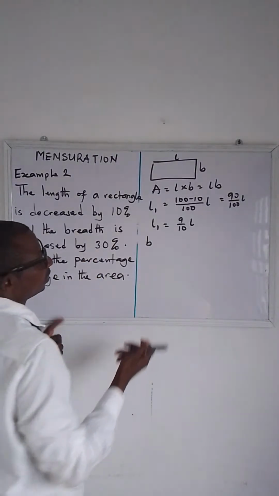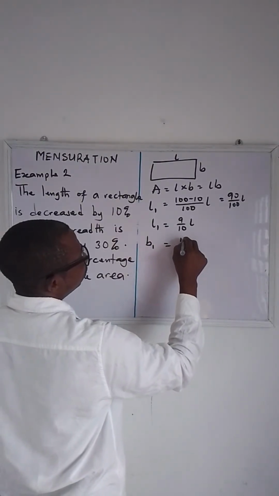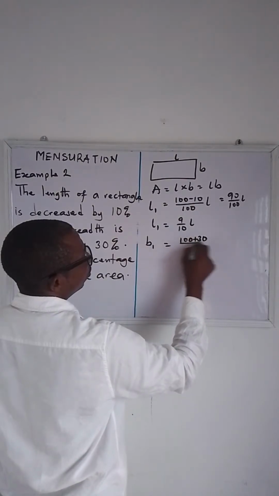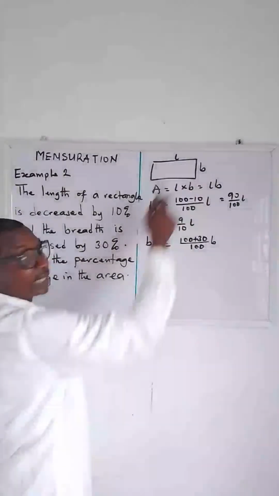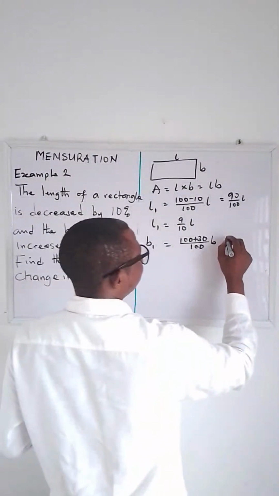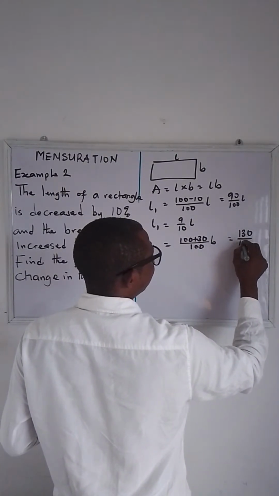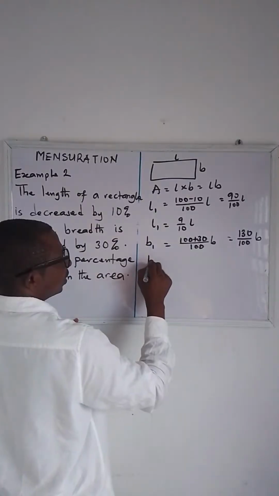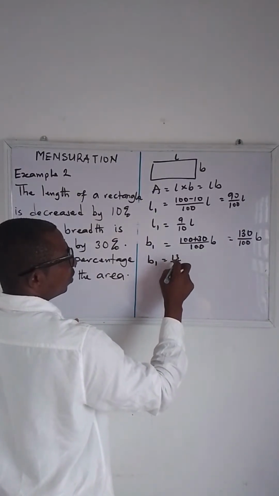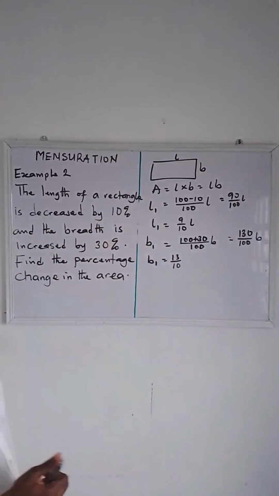So B1 will be equal to 100 plus 30 over 100 B. This breadth has been increased by 30, so we have 130 over 100 B. And we can simply say that B1 is 13 over 10 B. Now, do you understand that?